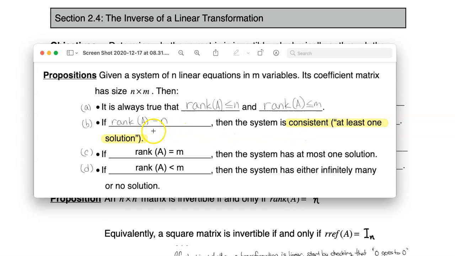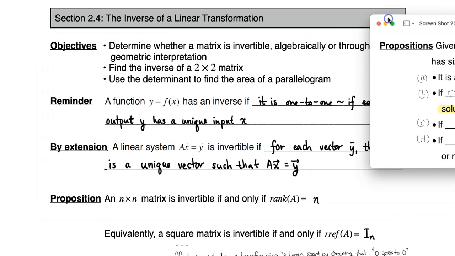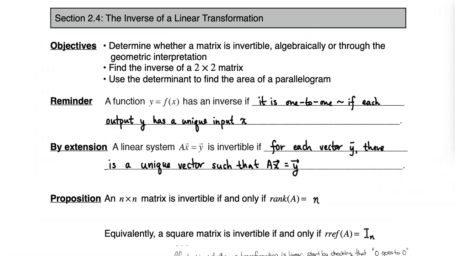So the rank has to be equal to n and to m, which is the same. If the rank is n, that automatically means that the RREF of A is In.